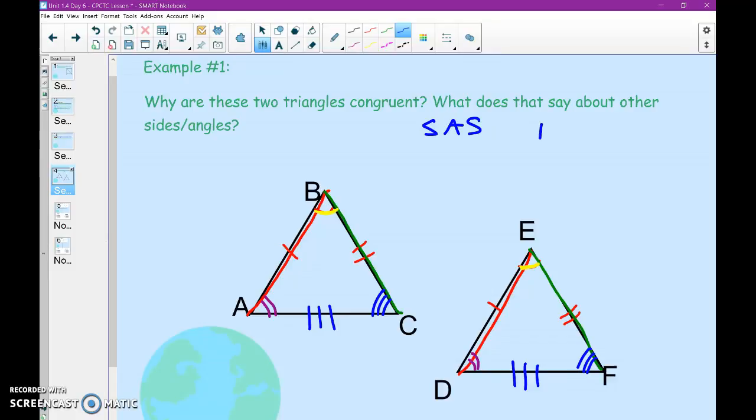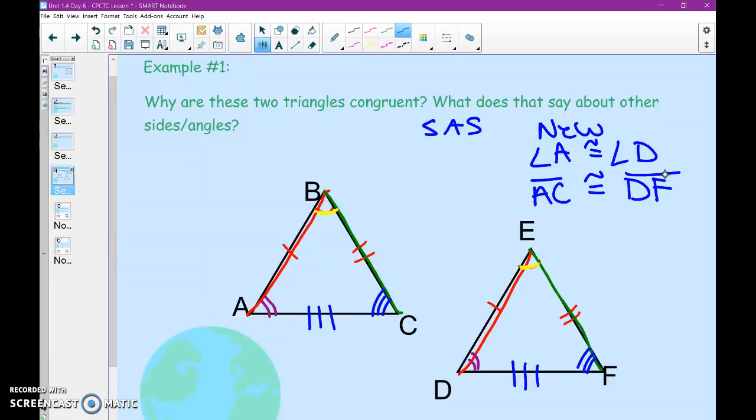So the new information we just got because of CPCTC is that angle A is congruent to angle D, AC is congruent to DF, and angle C is congruent to angle F. And all of these would be because of CPCTC. Corresponding parts of congruent triangles are congruent. Once we've shown it by SAS, they all have to be true.